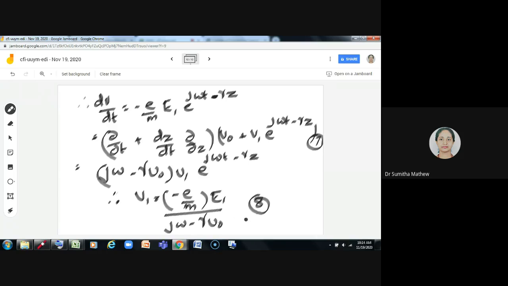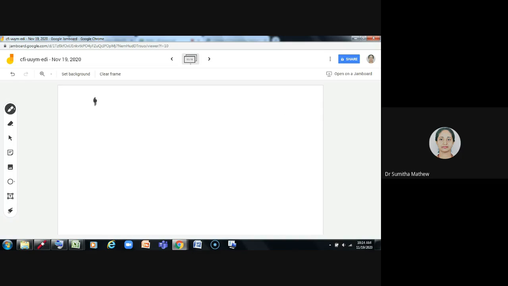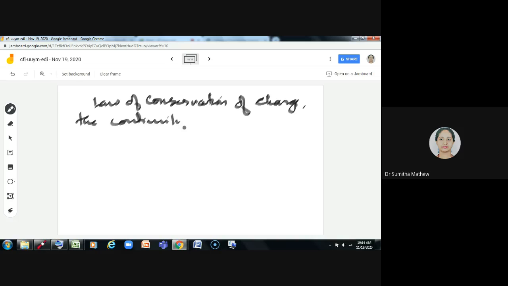Okay, next, by the law of conservation of electric charge, charge can neither be created nor destroyed. The continuity equation, we have also learnt about the continuity equation. Continuity equation is del dot j plus dou rho by dou t is equal to 0.